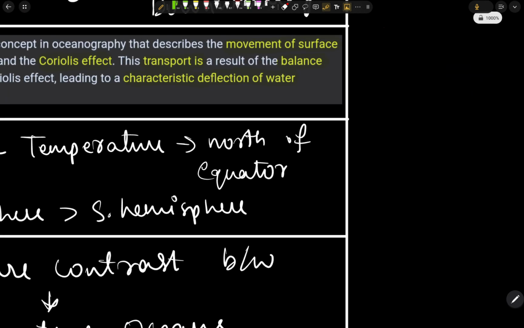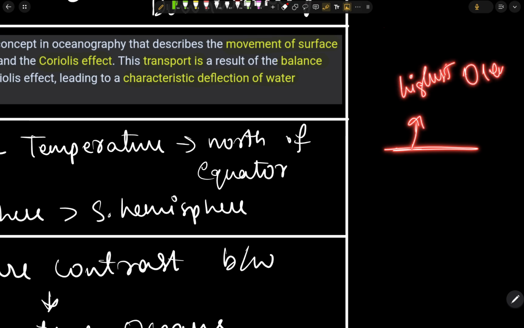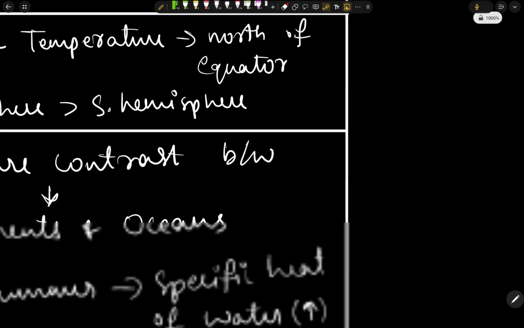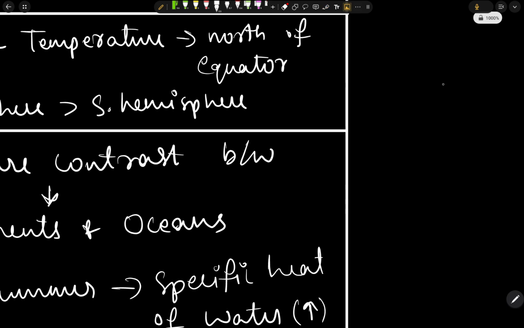Basically, the north of the equator tends to have the highest oceanic temperature. Okay, north of the equator. Let's understand the concept. Why does the north of the equator receive the highest oceanic temperature? So basically, this is Earth, this is the equator. We know that the northern hemisphere contains the highest land surface area compared to the southern hemisphere.